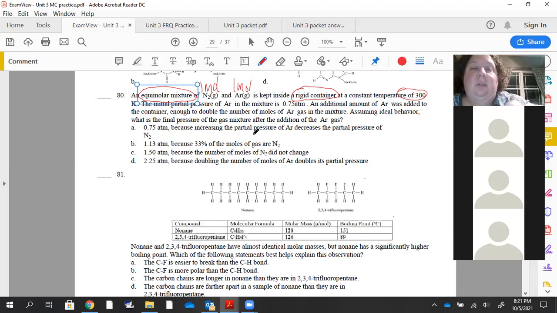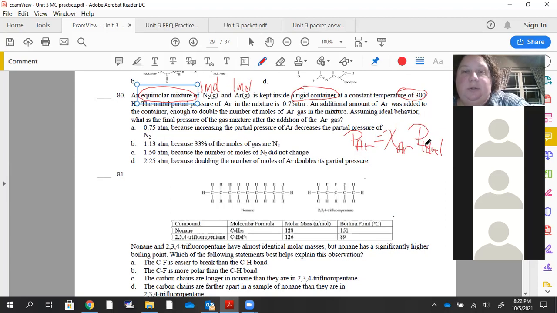If I've got 1 mole of each, that means argon is 1/2 of the mixture, right? Even if we had 10 moles of one and 10 moles of the other, argon would still be half of the mixture. So Dalton's law of partial pressures tells us if we want to know the pressure of argon, we take the mole ratio of argon in my mixture, and multiply it by my total pressure.